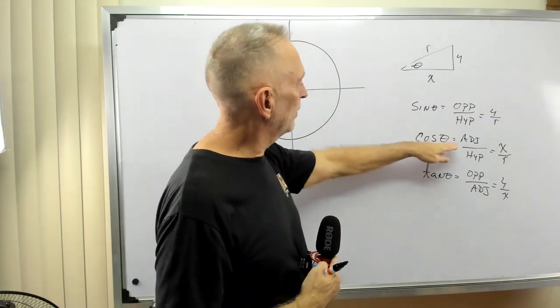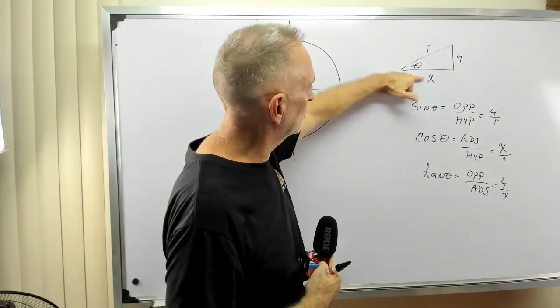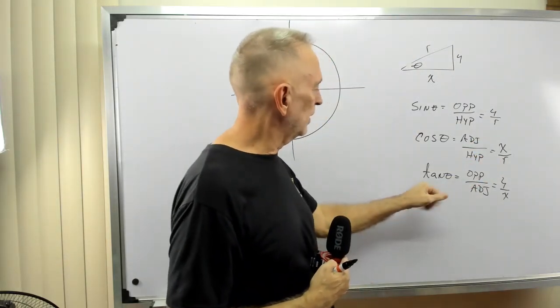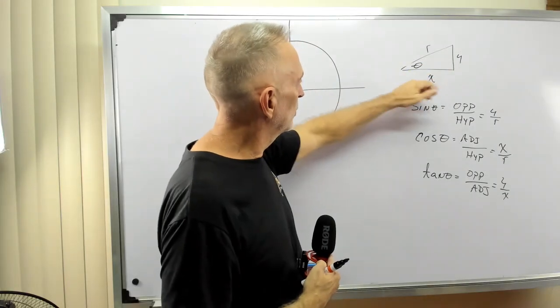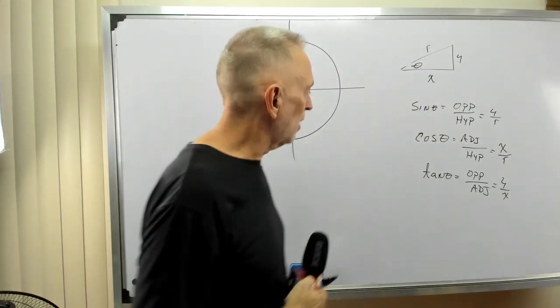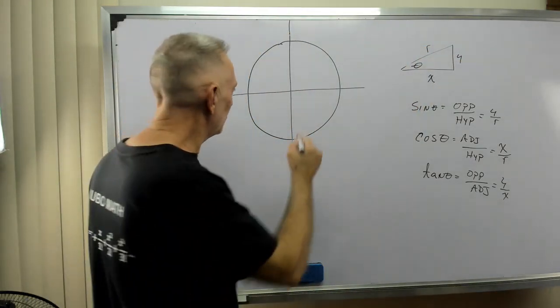Cosine would be the adjacent divided by hypotenuse, so adjacent would be x divided by r. Tangent then would be the opposite divided by the adjacent, which is y over x in the case of this triangle. Now, what does that mean with a unit circle?